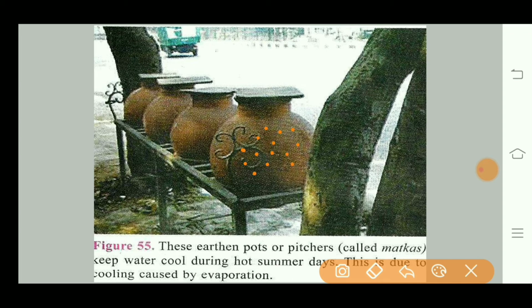Some water keeps seeping through these pores to the outside of the pot. This water evaporates and takes the latent heat of vaporization from the earthen pot and the remaining water present inside it. In this way, the remaining water loses heat and gets cooled. So this is also an example based on the cooling caused by evaporation.